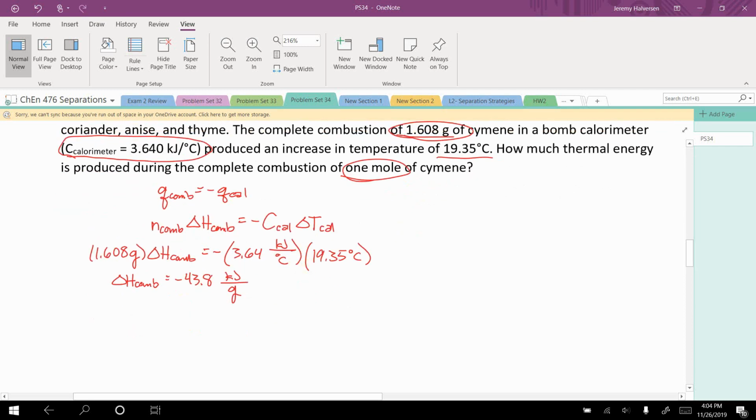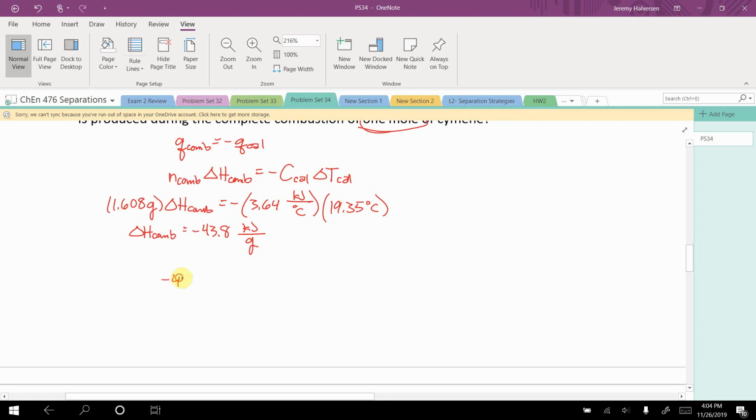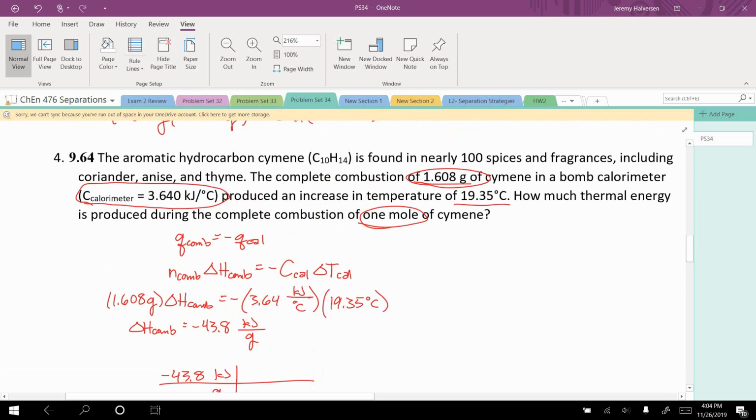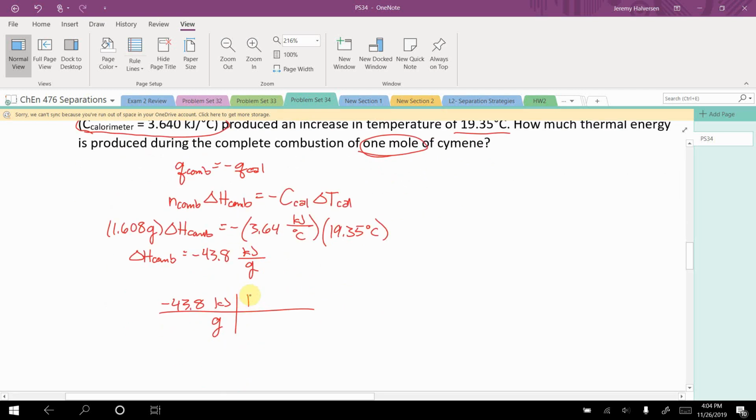Well, I can convert that. I could say negative 43.8 kilojoules per gram, and I know I have the formula for cymene, so I could find the molar mass, and I get that 134 grams is 1 mole.